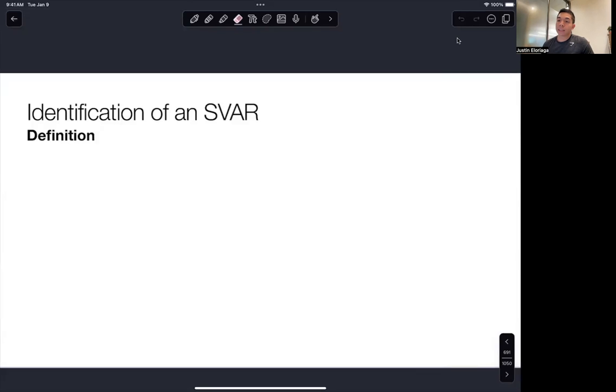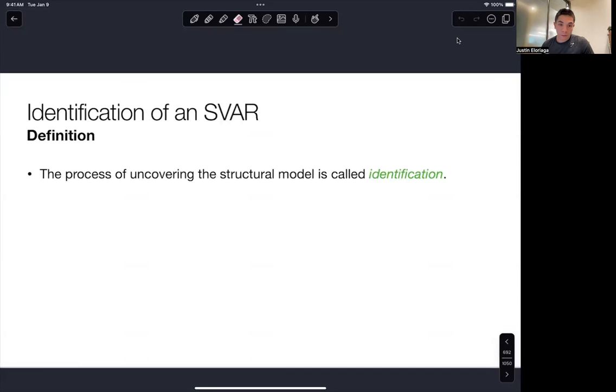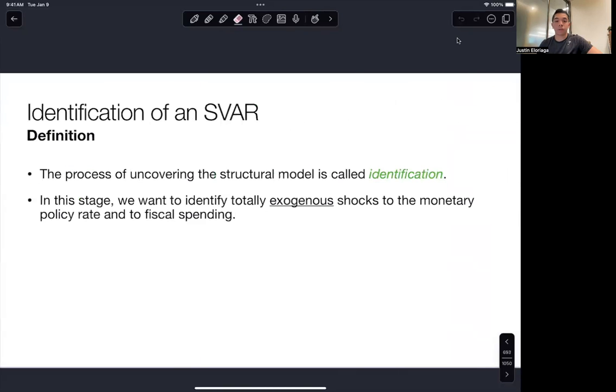So how do we identify a structural VAR? Well, the process of uncovering the structural model is first called identification. What we do here is identify totally exogenous shocks to the monetary policy rate and to fiscal spending.